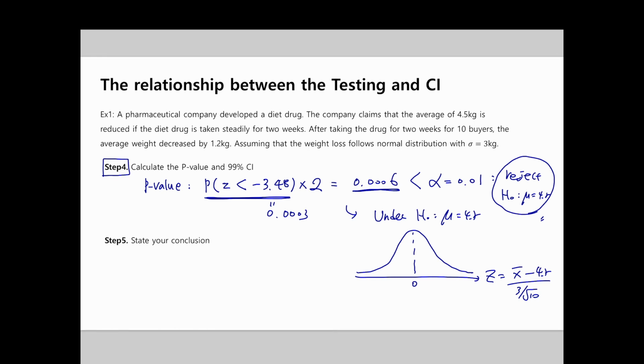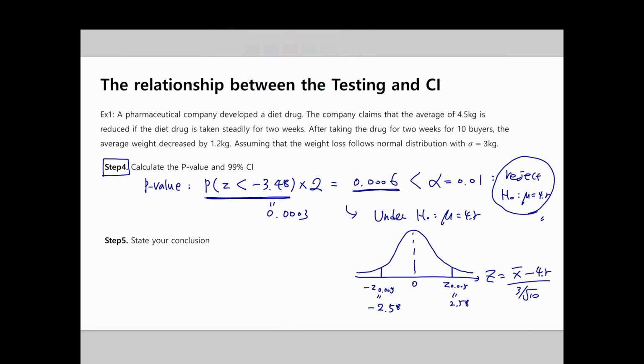In the distribution, we set the critical value minus z, okay. This value is minus 2.58.